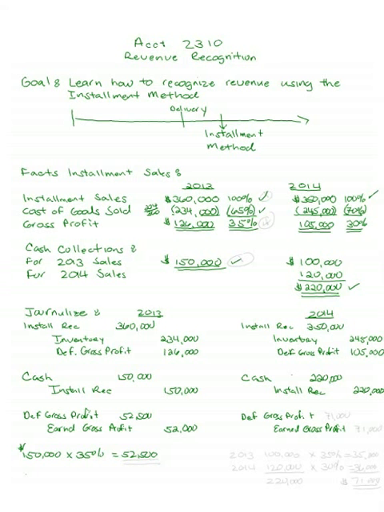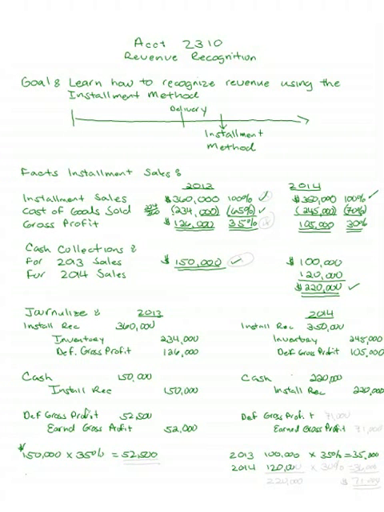We had 2013 cash collections. We collected $100,000, and we say that 35% of that is profit. So we have $35,000 from 2013 sales. We also collected some from 2014. In fact, we collected, you'll notice, $120,000.